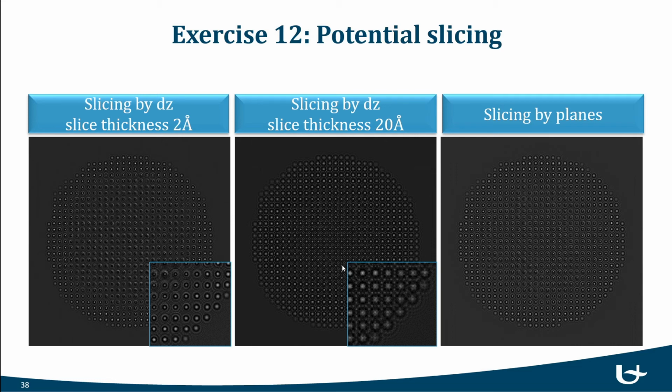However, if we increase the slice thickness, some image artifacts start to appear, as shown in the second figure. As a rule of thumb, if your specimen doesn't show any periodicity along the beam direction, it's better to define your own slice thickness. On the other hand, for crystalline specimens, automatic slicing works pretty well.